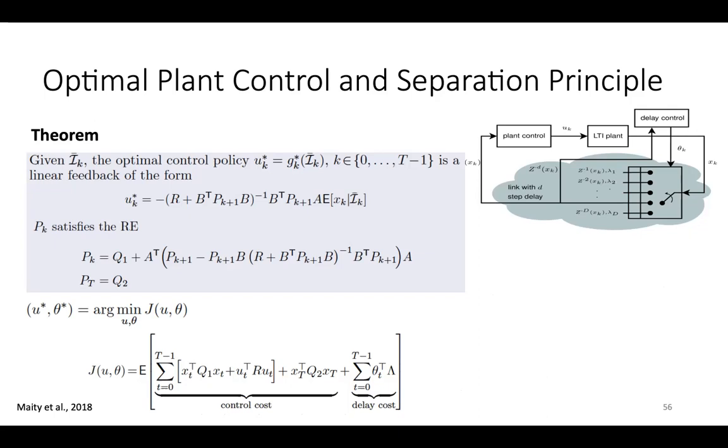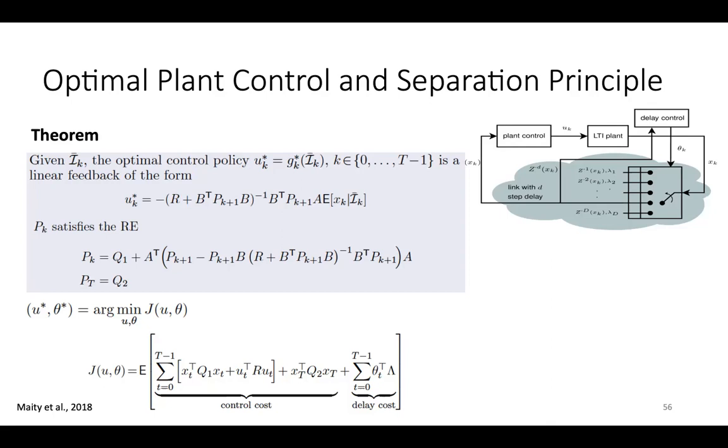The first thing we can say about this setup is that it is actually supported by the separation principle. This result tells us that the optimal plant controller has a classical structure. U is given by a linear feedback, where the feedback gain is given by the standard Riccati equation, so back to Kalman in the 60s.